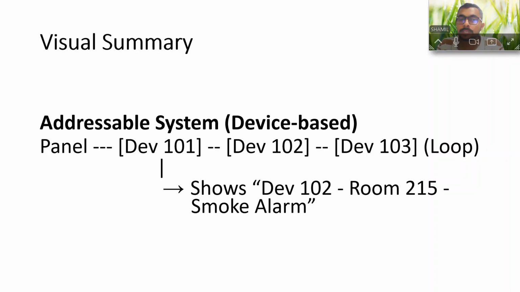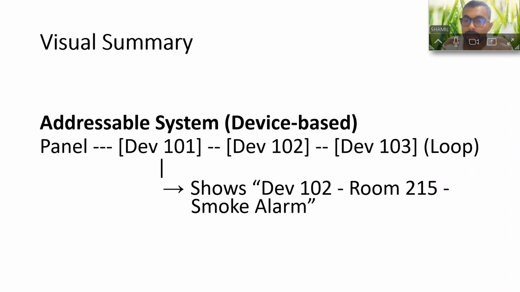In an addressable system, the panel has a series of devices. It starts from one particular device, goes through all the other devices, and then returns back to the panel. If there is an alarm in a particular device, for example device 102, then that device will be triggered and shown in the panel along with the location of the device.